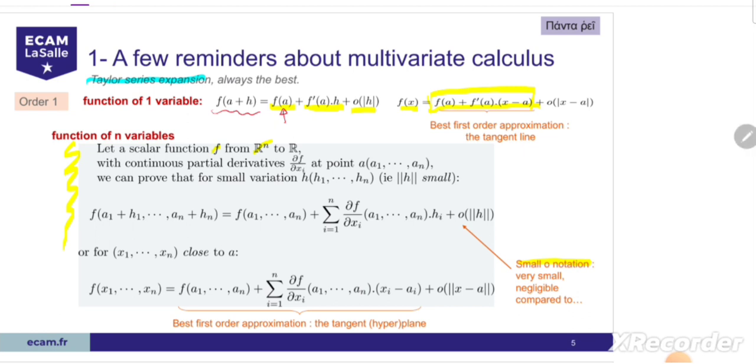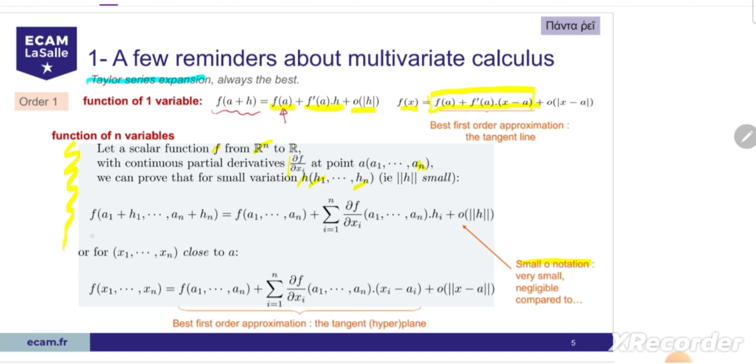So let's just say these are df over dxi, and we are considering it at some specific point A, but this point A now has n components, and we are doing similarly a very small displacement in some direction h, with n components, and the idea is that the norm of this displacement remains small.